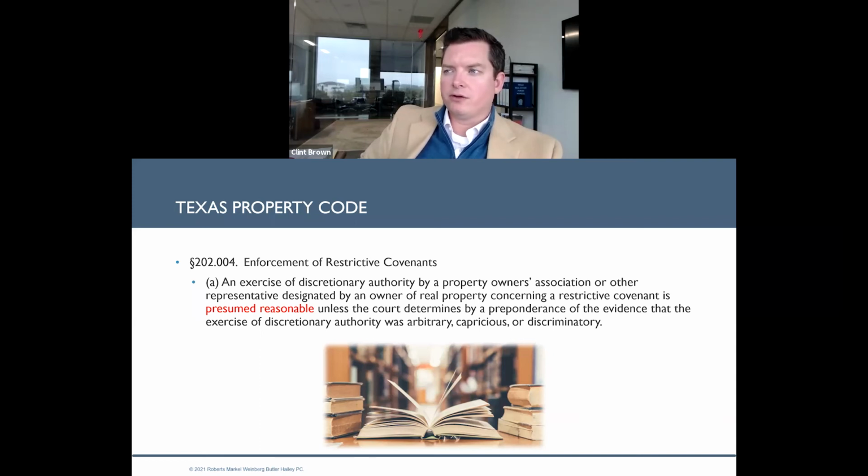So what is arbitrary? What is capricious? Discrimination, y'all are familiar with that term of art. Discriminating based on gender, nationality, age, race, all that stuff. Those are protected classes. Familial status is another protected class.